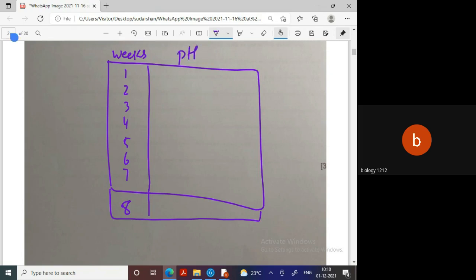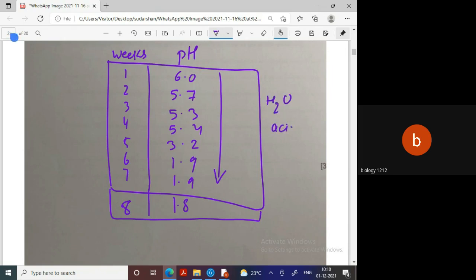The first one is on the first week, your pH is 6, then 5.7, 5.3, 5.4. Then on fifth week it is 3.2. Sixth and seventh it is 1.9 and 1.9. On eighth week it is 1.8. So you can see that pH level is decreasing, or you can say water is becoming more acidic. Okay, this is what the representation is.